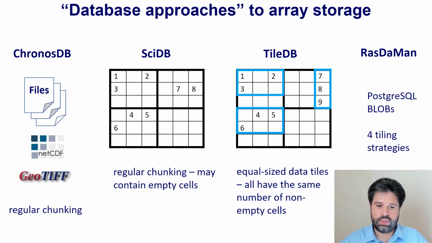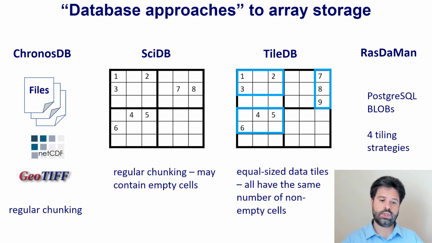Almost all array DBMSs or array storage systems utilize chunking. ChronosDB keeps data in diverse file formats. ChronosDB and ChronosDB use regular chunking. TileDB operates on data tiles that have the same number of non-empty cells to facilitate load balancing.